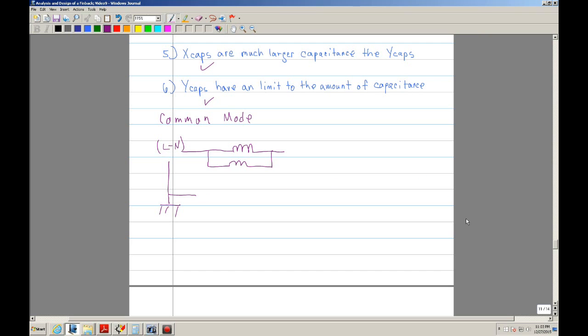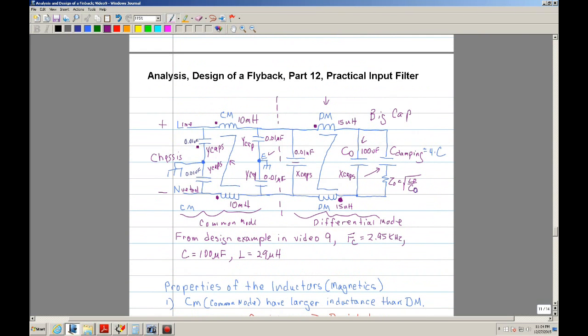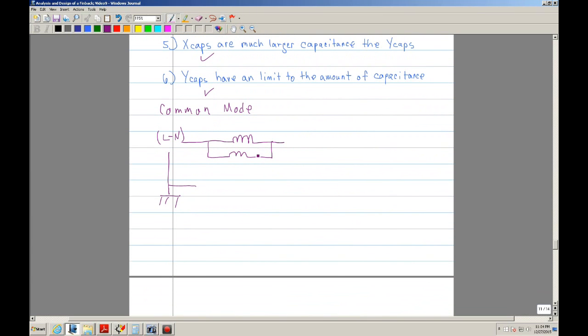This is your earth ground, and if you look at these two, if this line is shorted to this line, that means these two capacitors are tied in parallel to each other. So basically the Y caps are going to be 2, let's just say 2 Y caps for right now.